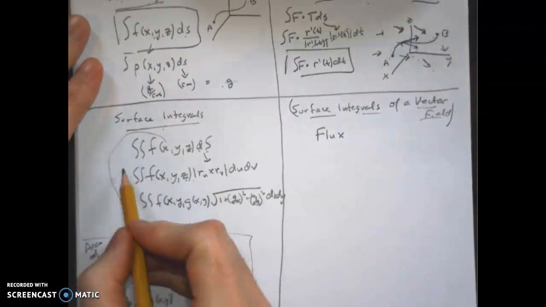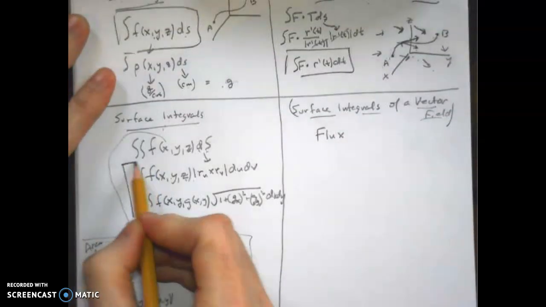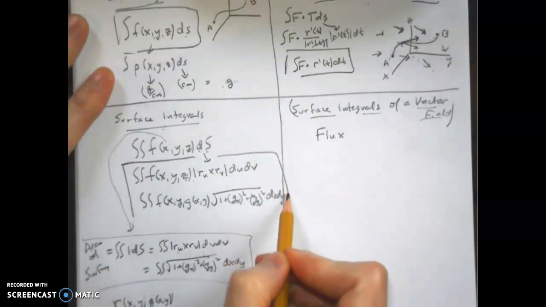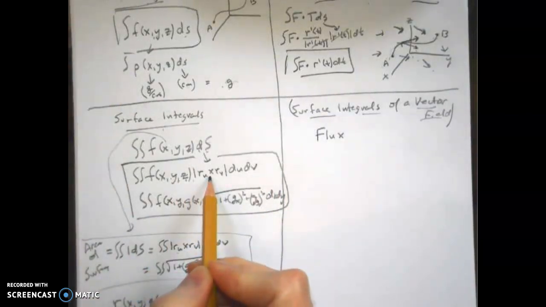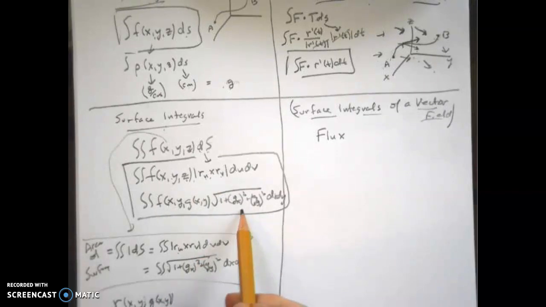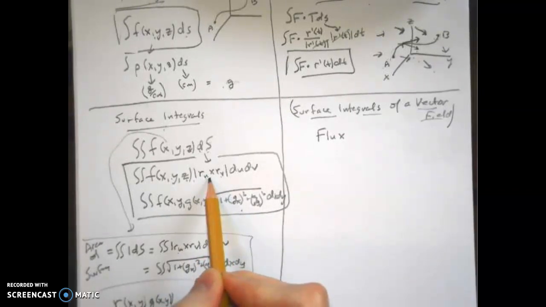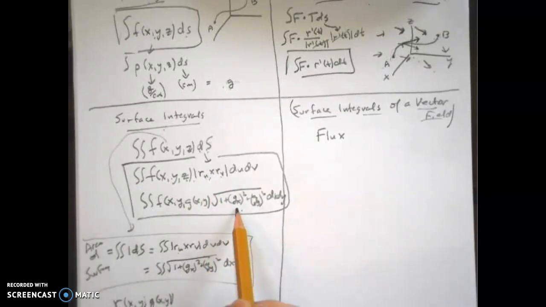So a surface integral is calculated in one of these two ways. This way, if you parameterize your surface in terms of u and v. This way, if you parameterize your surface in terms of x and y. You can always use the first, but this is a little bit simpler. It's what it turns out to be when z is a function of x and y.